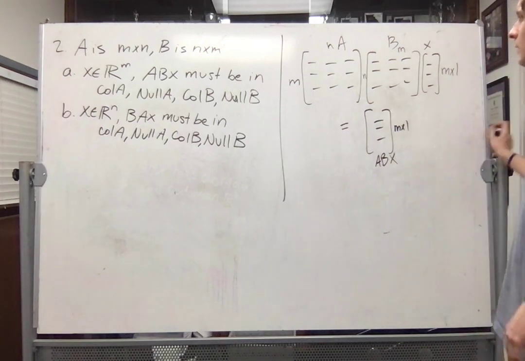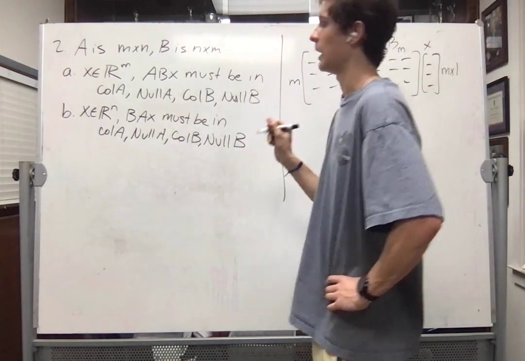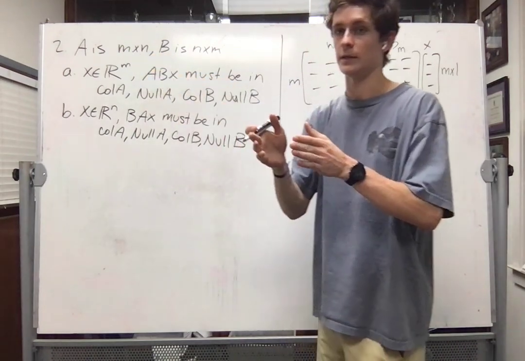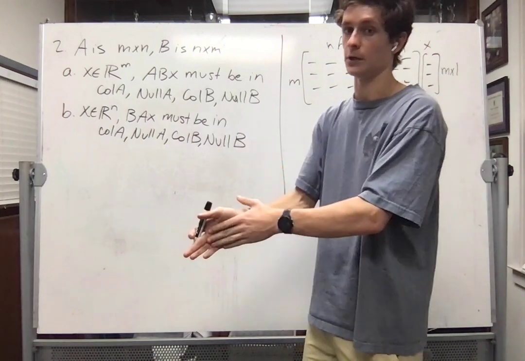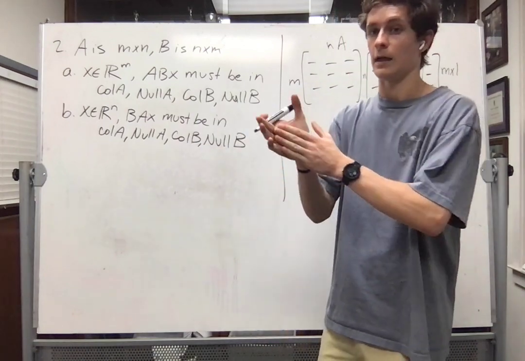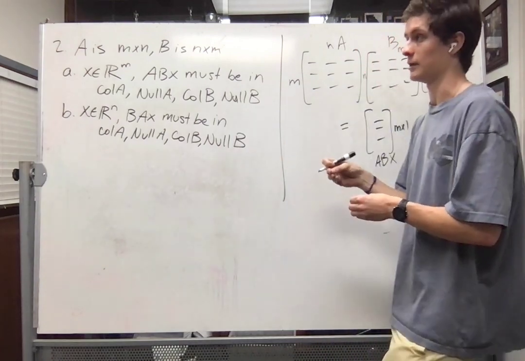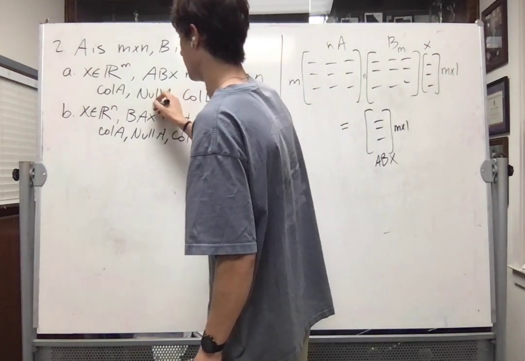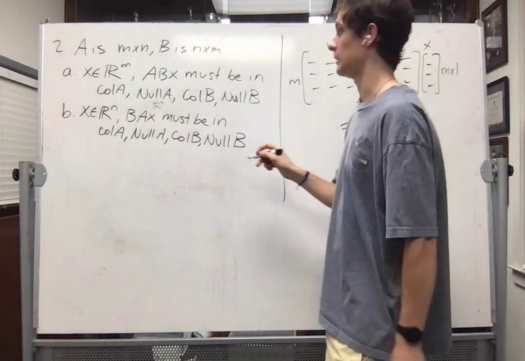Well, we can definitely eliminate a few of them. Null A is a subspace of Rn because A has n columns, and remember the null space is vectors x such that Ax equals 0, so any x satisfying Ax equals 0 has to have the same number of entries as columns in A. So this lives in Rn, and we can certainly eliminate it.